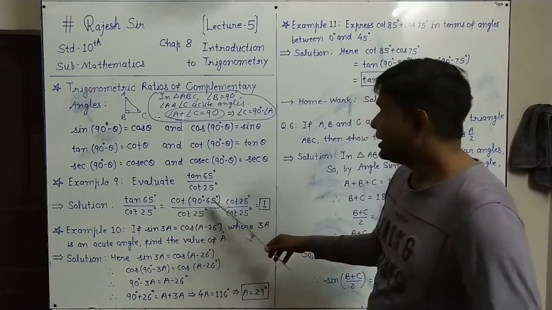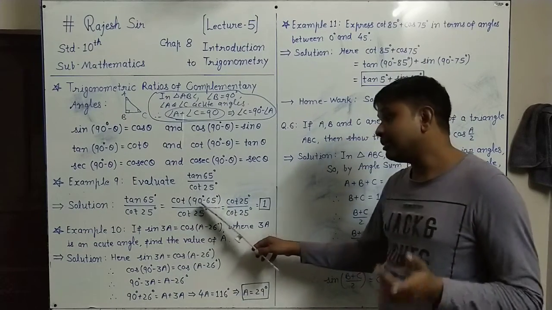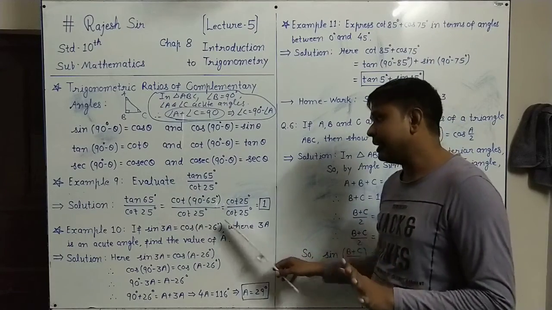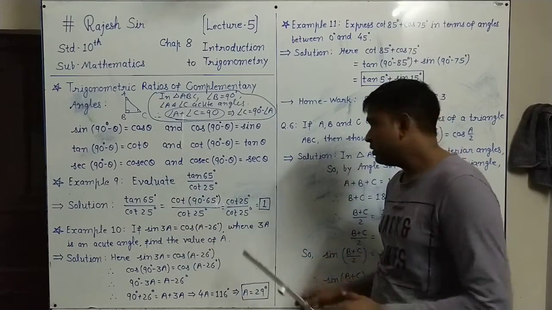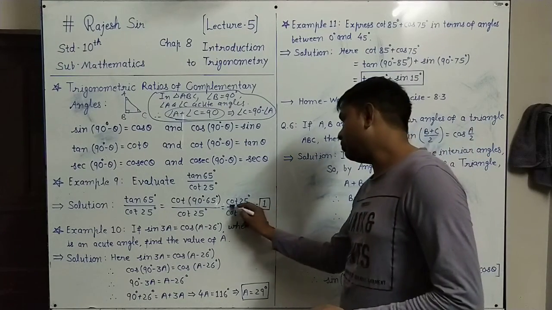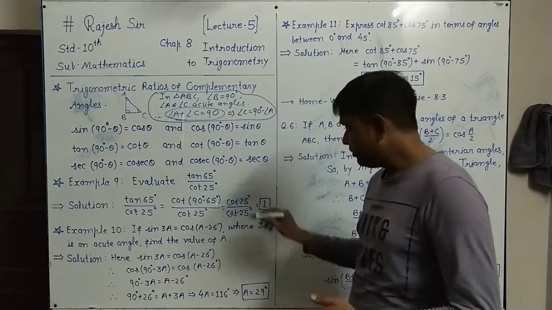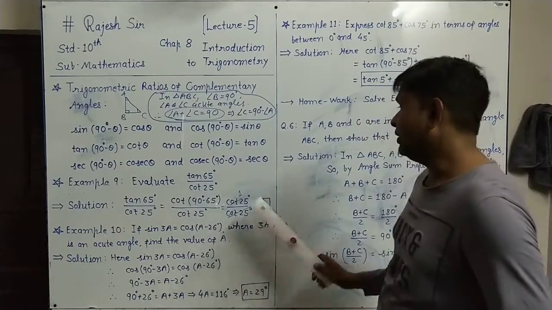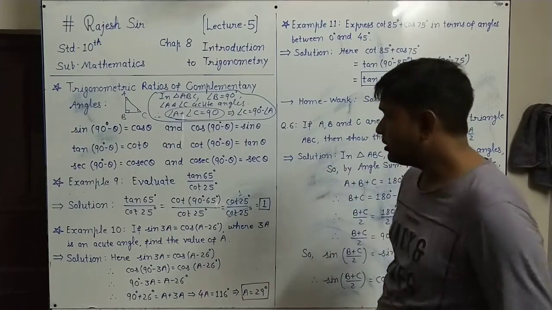Now cot of 90 minus 65 is cot 25 degrees, and upon cot 25 degrees, as it is. So cot 25 degrees up and cot 25 degrees down cancel each other, and only 1 remains. So the answer is 1.